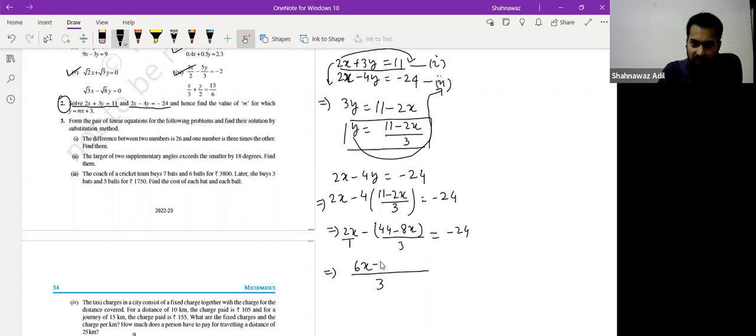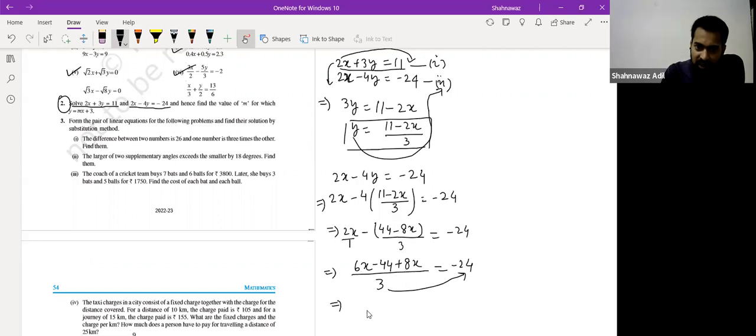Minus of 44, and minus, this will be plus of 8x. So this is minus 20. Okay, so 3 goes here.